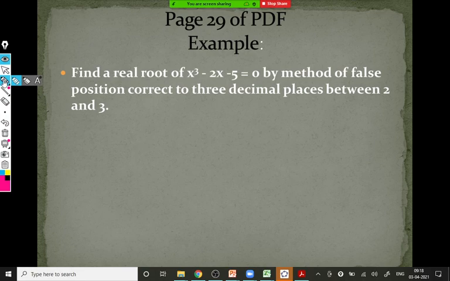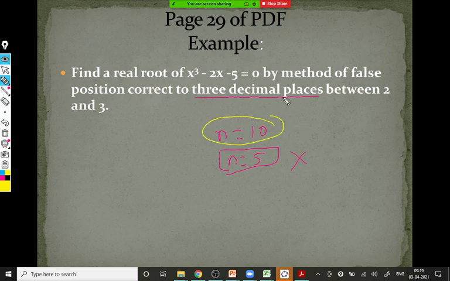But the other important difference is the stopping criteria. The stopping criteria in this case is not given as the number of iterations. We are not told to do n equal to 10 or n equal to 5, that is, do 5 iterations or do 10 iterations. Here it is given that it is correct up to 3 decimal places.